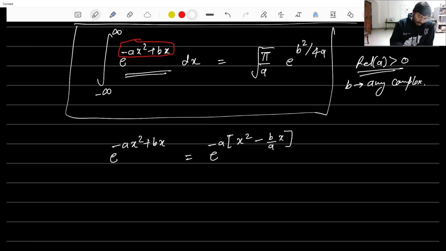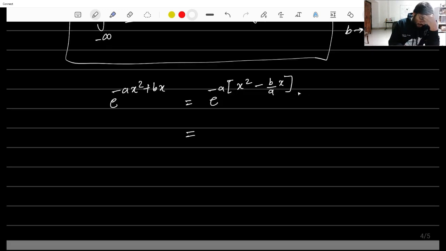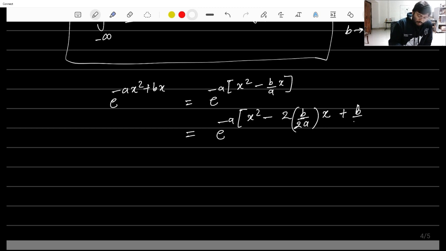Now you can make it a perfect square, and this can be written like this: minus a times x square minus 2 b by 2a x plus b by 2a the whole square.